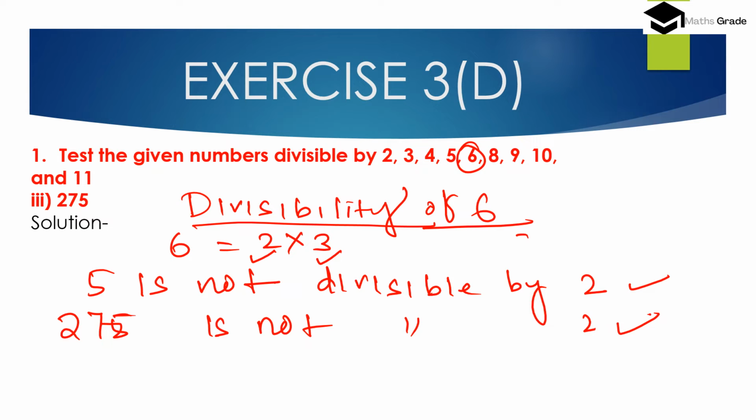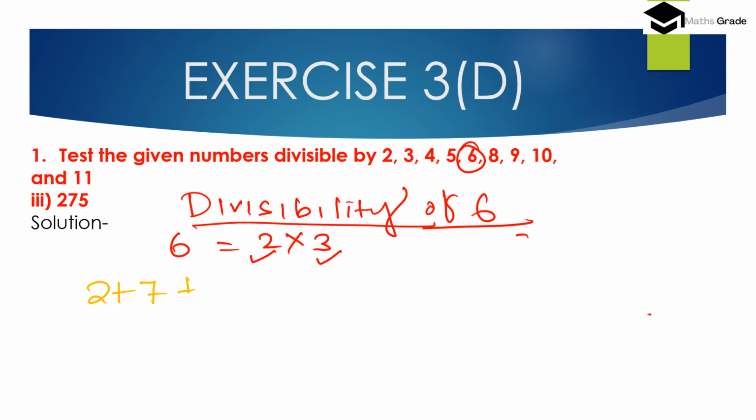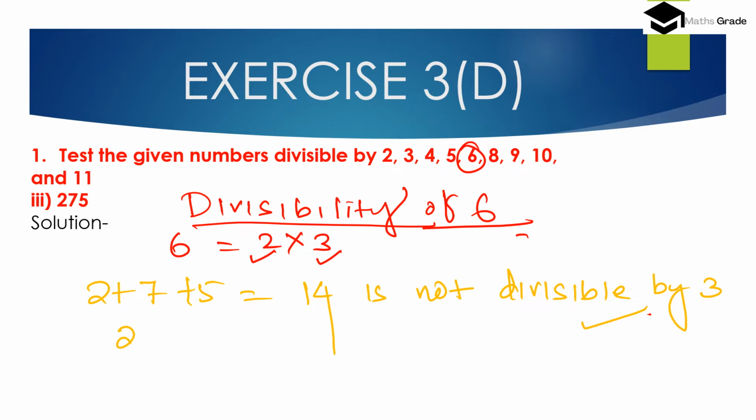Now we will check whether the number 275 is divisible by 3 or not. The sum of digits of the number 275 is 2 plus 7 plus 5, and it is 14. 14 is not divisible by 3. So the number 275 is not divisible by 3.